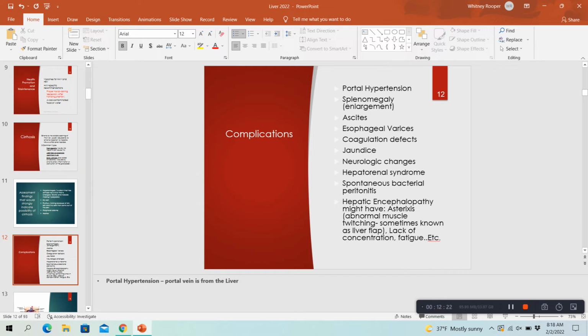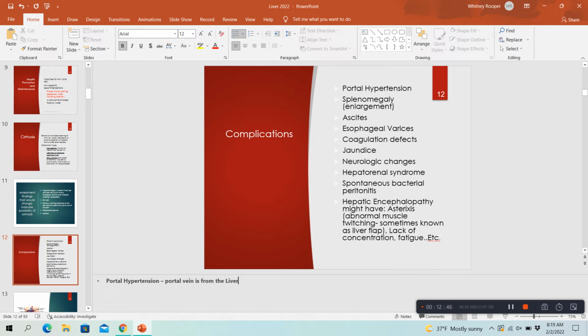Jaundice. Where do you assess for jaundice? Skin. In different cultures, you would need to look at the palms of their hands and the soles of their feet. You need to look at ethnic cultures.